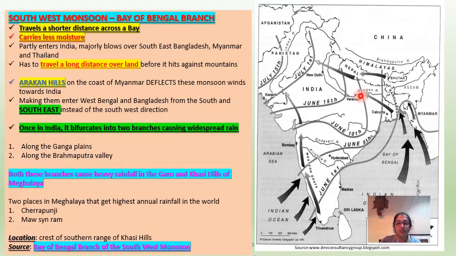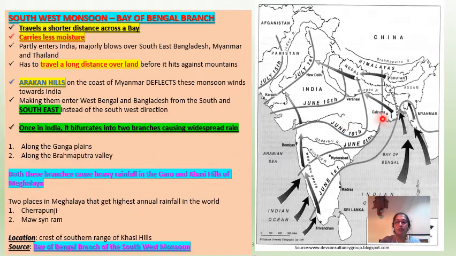Okay. Once this Bay of Bengal branch reaches India, it splits into two. One goes into Assam and causes rain in the Brahmaputra valley, and the other comes into the Gangetic plains, the plains of the Ganga, and causes rains here by hitting against the Himalayas. What are the two bifurcations?